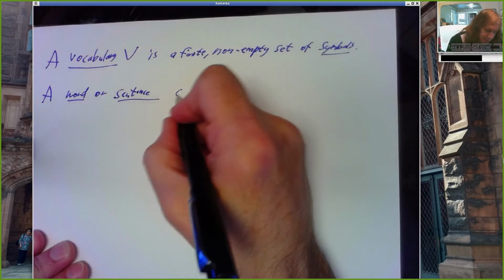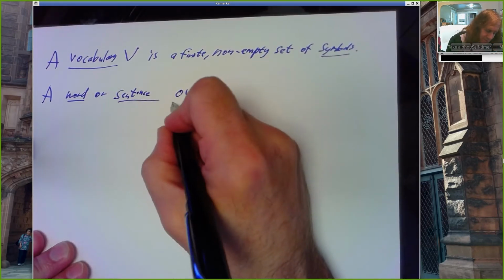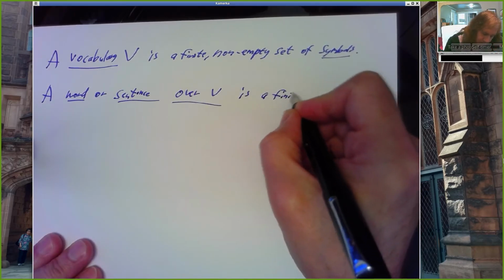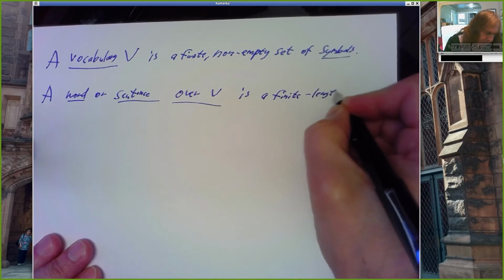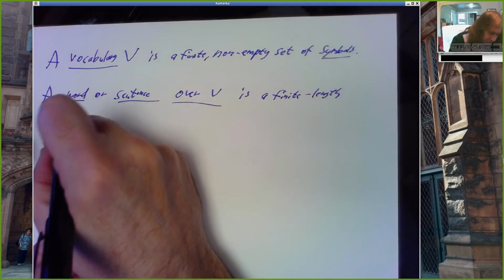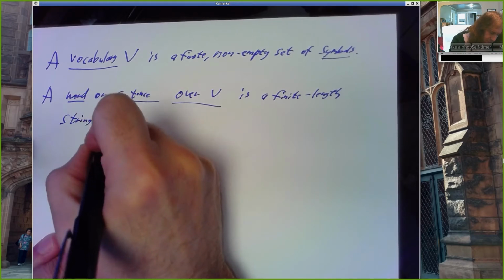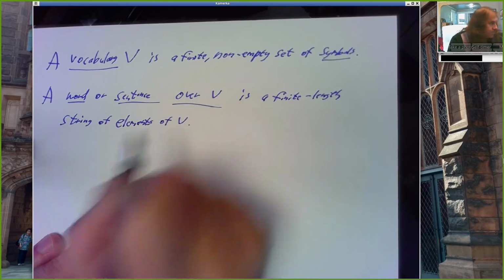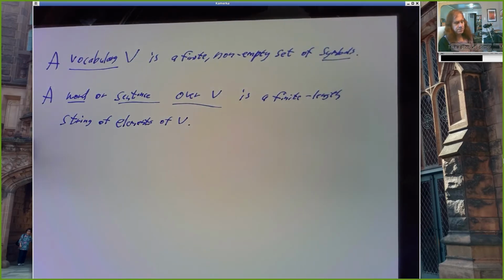A word or a sentence over V is a finite length string of elements of V. So when we talk about a word or a sentence over V, it's just a collection of elements of V, finite in length, so it can't be infinite.